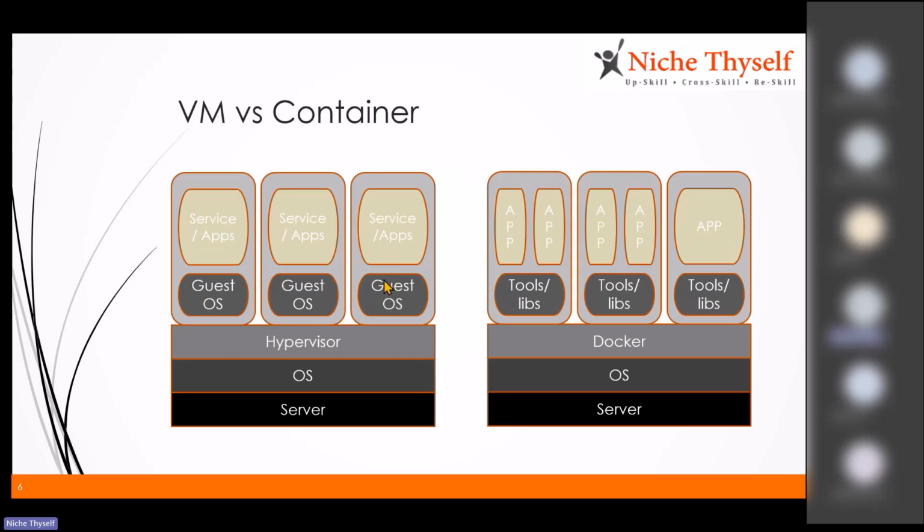Otherwise, in production, my service will go away. Or suppose there is too much workload on one Docker and immediately I want to distribute that load by creating some other Docker image and do that load balancing. So all these kinds of things I can do dynamically using Kubernetes. So Kubernetes is that orchestration tool.